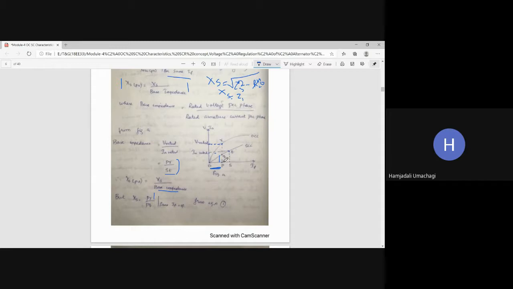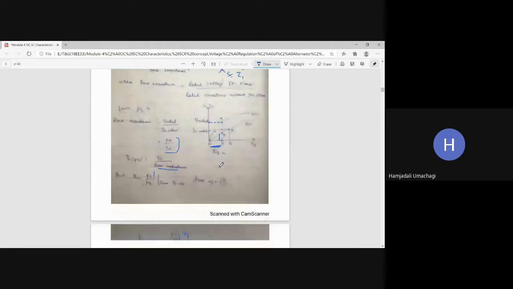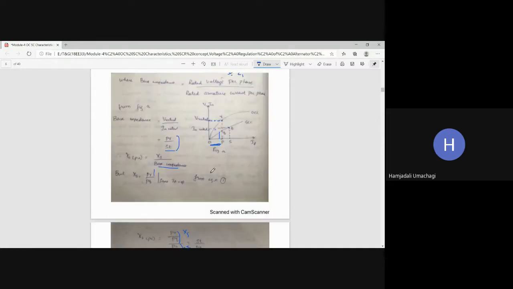To get this rated voltage PR, what is the required field current? Any one of you reply. As per the definition, IF for rated voltage is OP. For rated voltage PR, required field is OP.